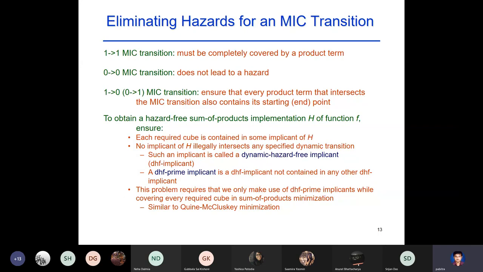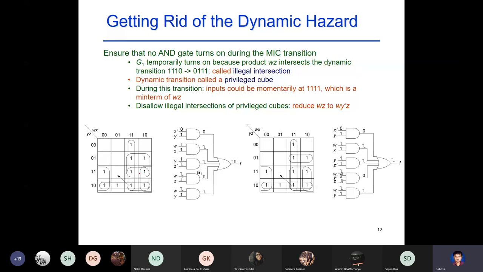A DHF prime implicant naturally is a DHF implicant not properly contained in any other DHF implicant. Earlier I told you that you just need required cubes, a covering product term, and an additional AND gate. But here, for MIC, you have to look at something more: DHF implicants, dynamic hazard-free implicants.